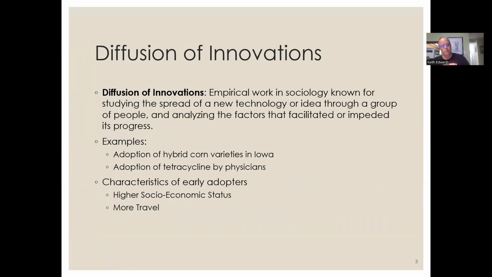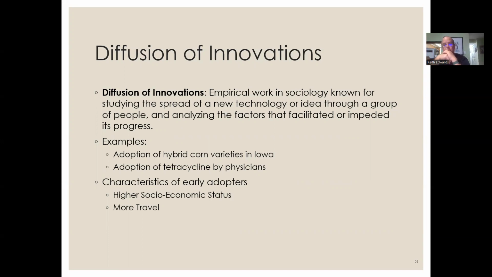So diffusion of innovations is an area of empirical work, that is experimental work or actual observational work, in sociology, known for studying the spread of a new technology or idea through a group of people and analyzing the factors that facilitated or impeded its progress.